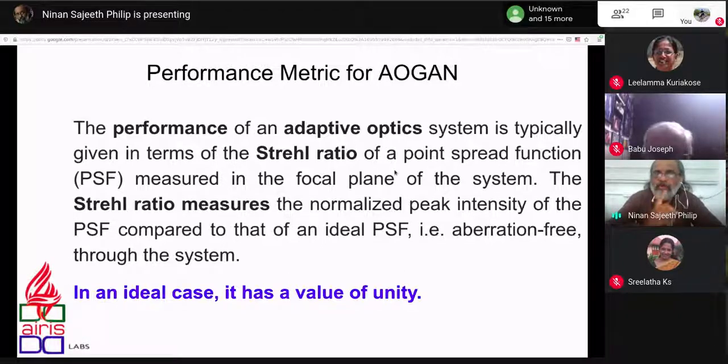It should have a value of unity if it is a perfect system, and it can be anything less than unity in all practical situations. In fact, with the best AO available today, it is not more than 2 or 3 decimal places away from unity.